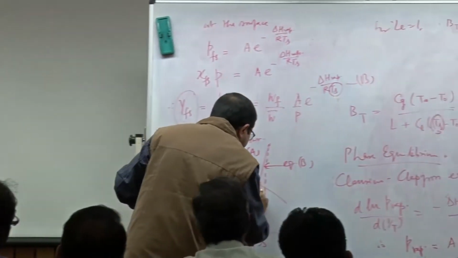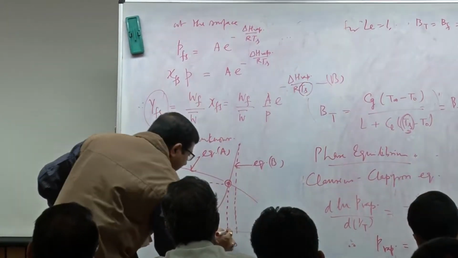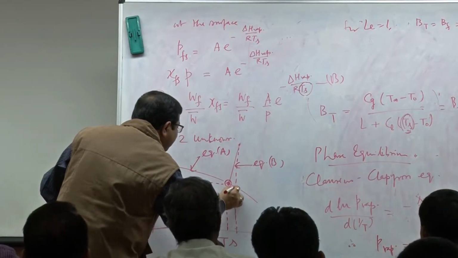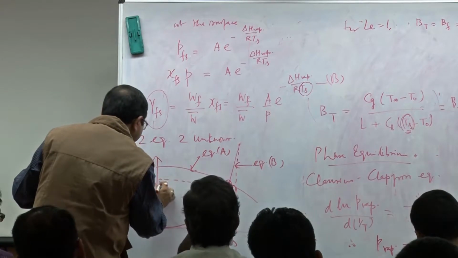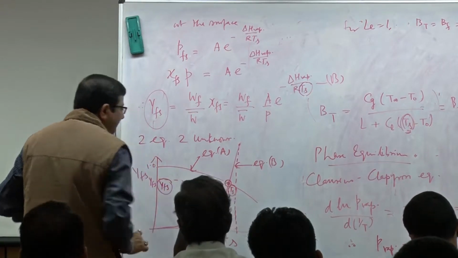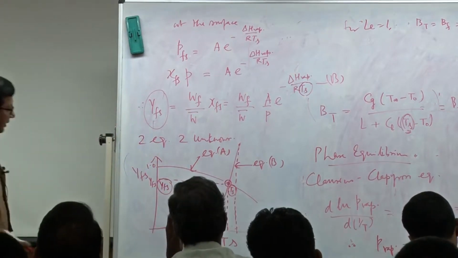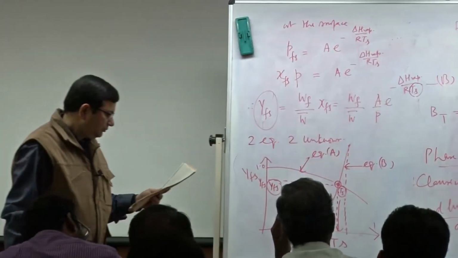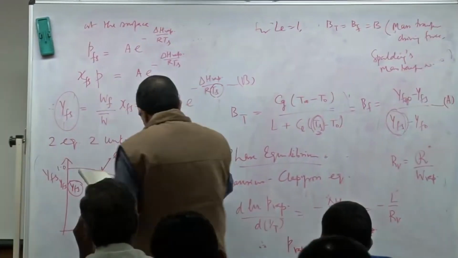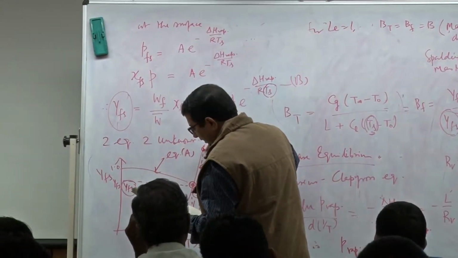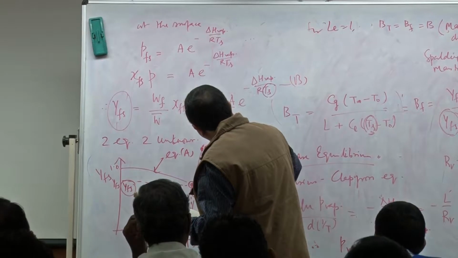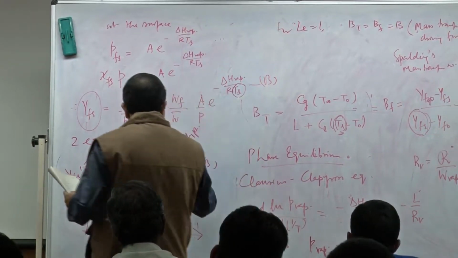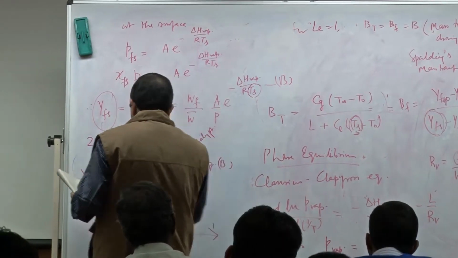So, therefore, this value here is my Ts and this is YFS, right value. So, this is the Ts value, this is the YFS value, and this point here where it starts to exponentially increase, that is the boiling point. Actually, sorry, boiling point will be somewhere here.